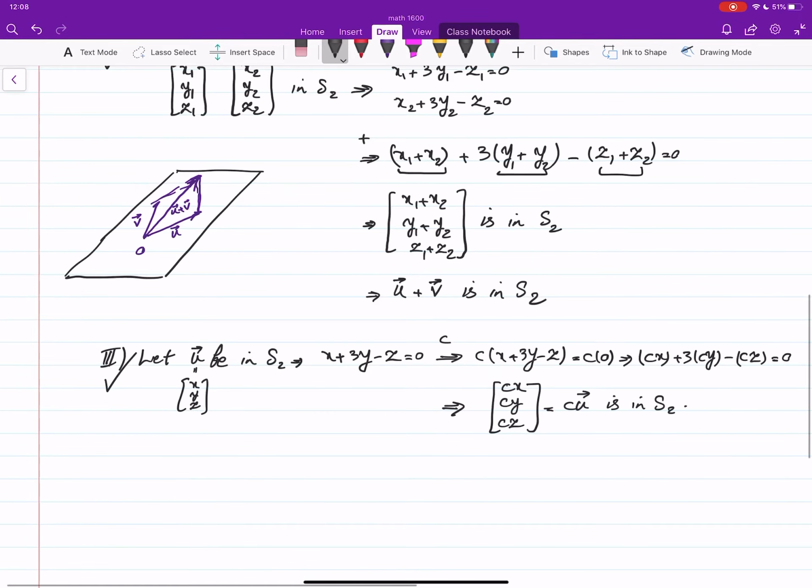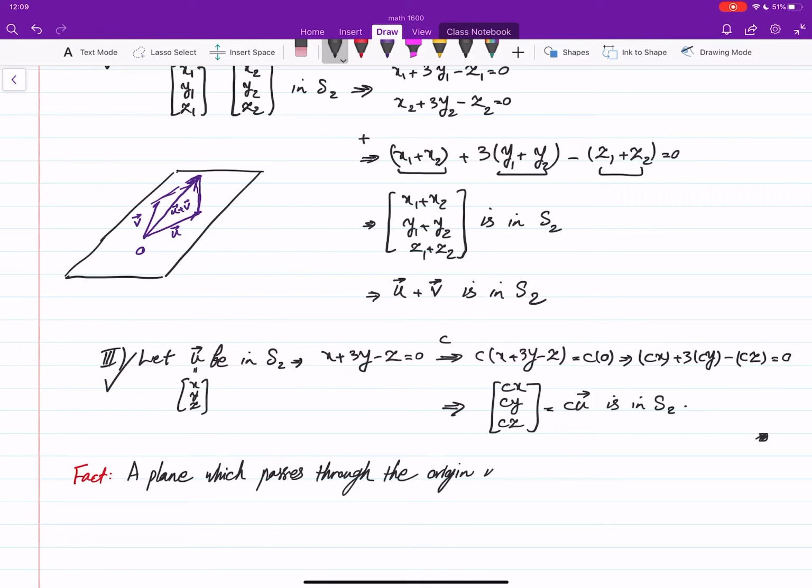Very nice. And in general, this is true for planes. A plane which passes through the origin is a subspace.